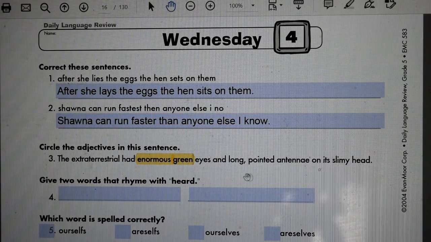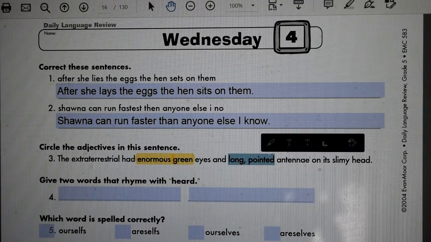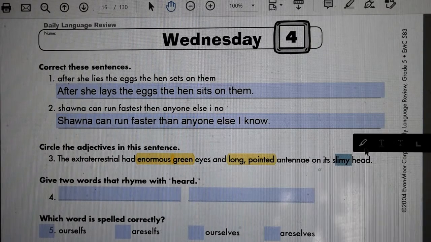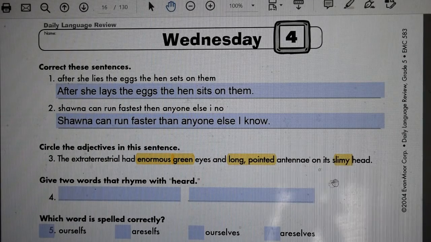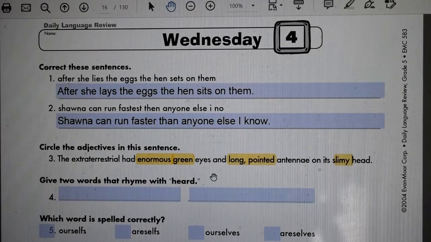The eyes were enormous and green, and long pointed antenna. So long and pointed described the antennas. On its slimy head. What kind of head did it have? It had a slimy head. It's like when someone sneezes and they have boogers coming out their nose and it's all slimy. So this particular sentence had 5 adjectives in it, describing the eyes, the antenna, and the head.